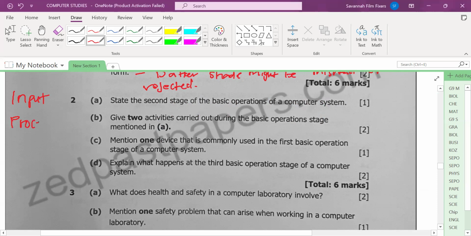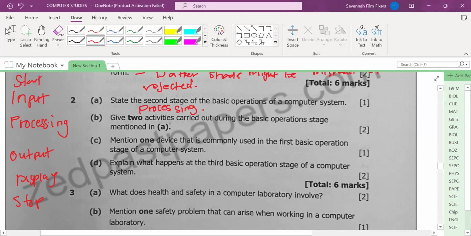You input data, the computer processes, then there's an output, then there's a display, then it stops. So: start, input, process, output, display. The second stage is processing. That's the second stage.